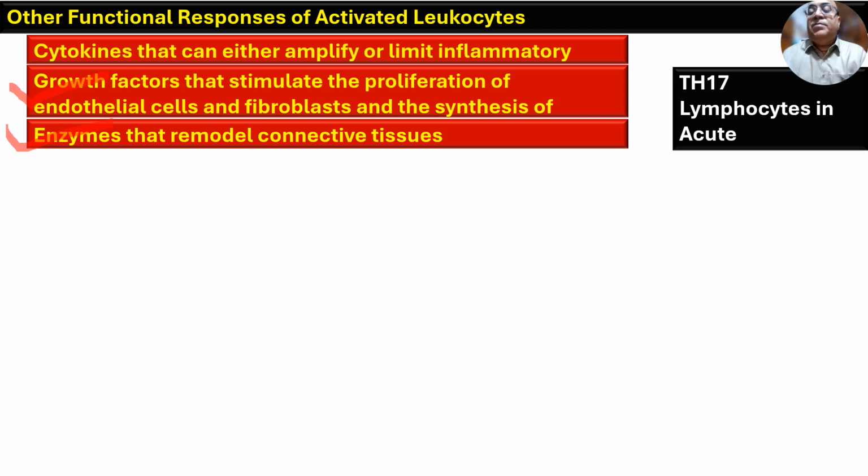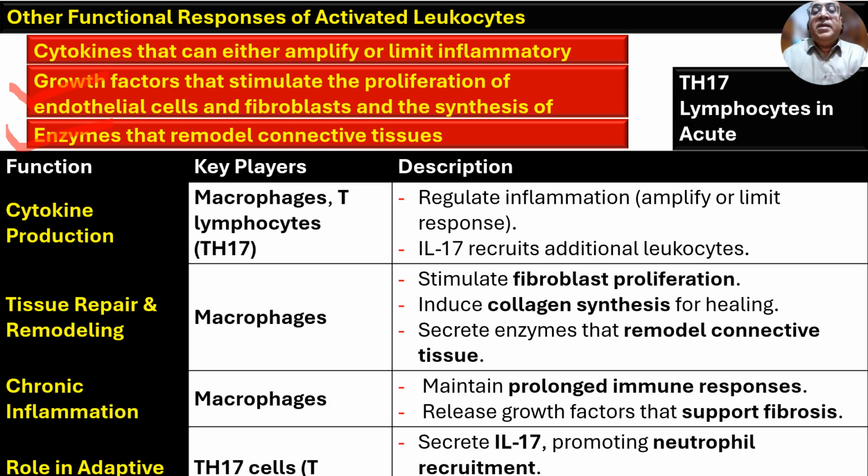There is involvement of the Th17 lymphocyte response in acute inflammation also. Among the major cytokine producers, the key players are macrophages and T lymphocytes, Th17, and they regulate inflammation, amplify or limit the response, and interleukin 17 recruits additional leukocytes.